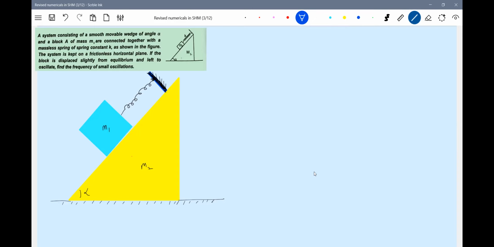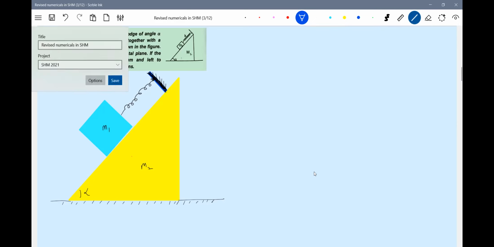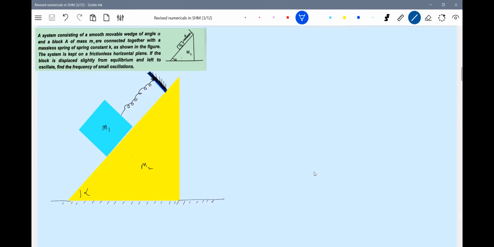Okay, let's assume that one. Let xR be the displacement of block with respect to wedge, and let the wedge have displacement x2. What is xR? Displacement of block with respect to wedge. And what is x2?